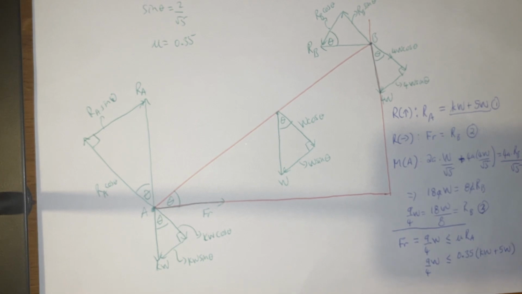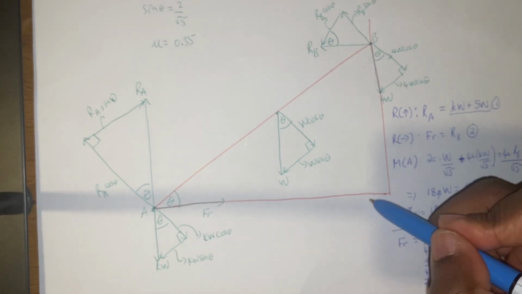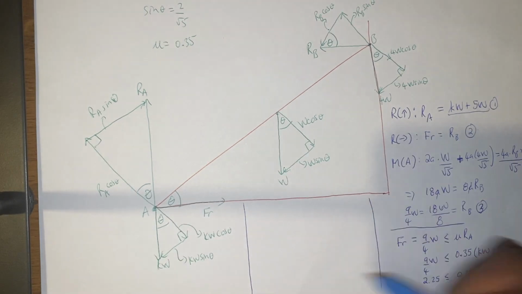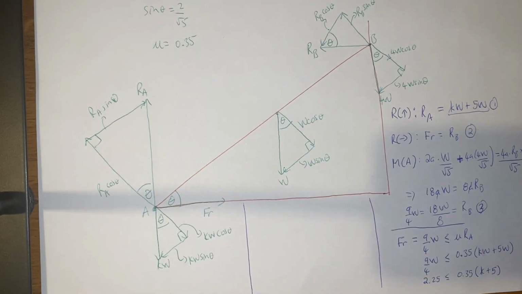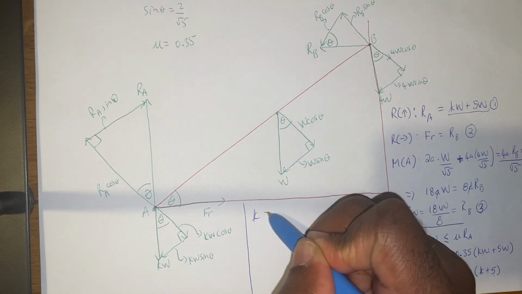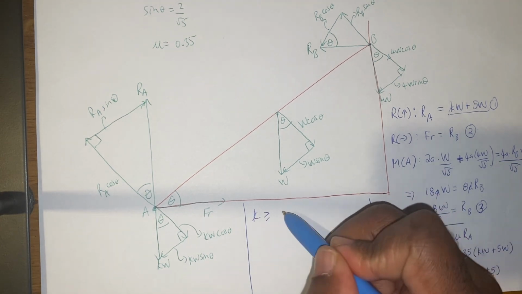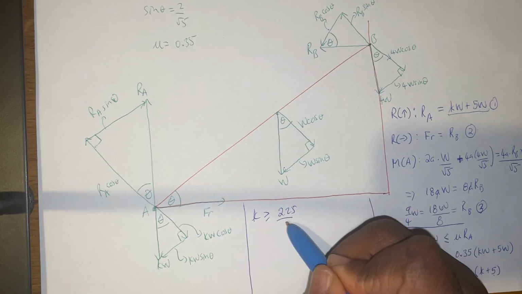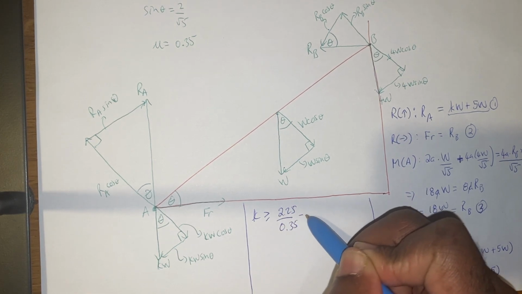All right. So the W's, of course, will cancel out. So we're going to have 2.25 is less than or equal to 0.35 times K plus 5. So here, continuing to get an inequality for K, we're going to divide by 0.35, and then subtract 5. That means, therefore, that K is greater than or equal to 2.25 over 0.35 minus 5.